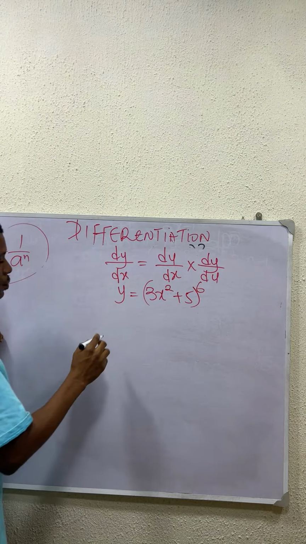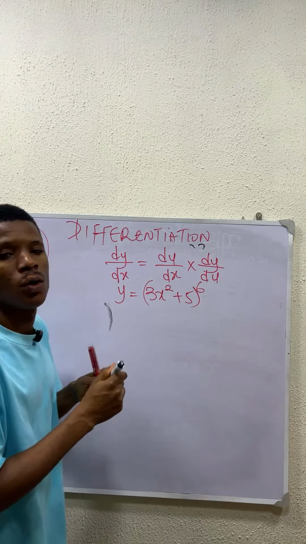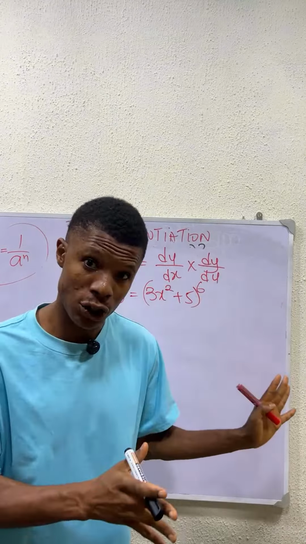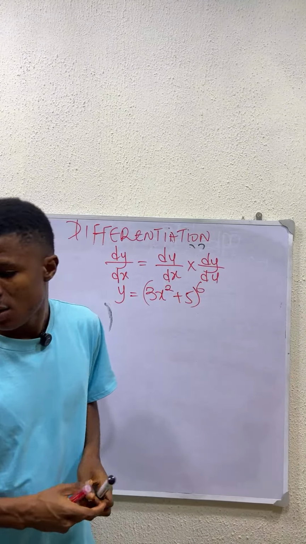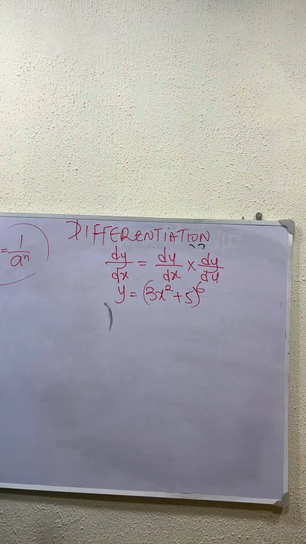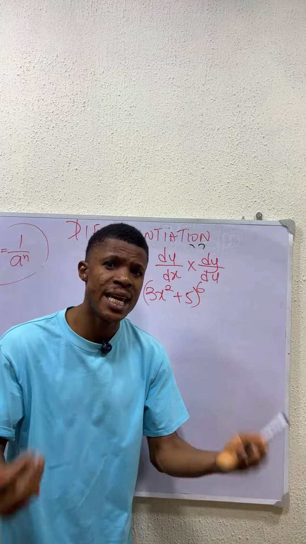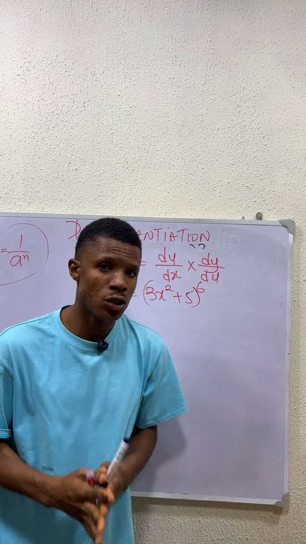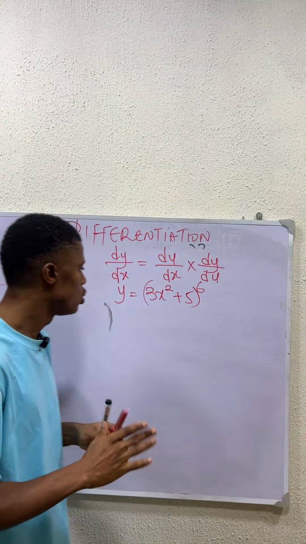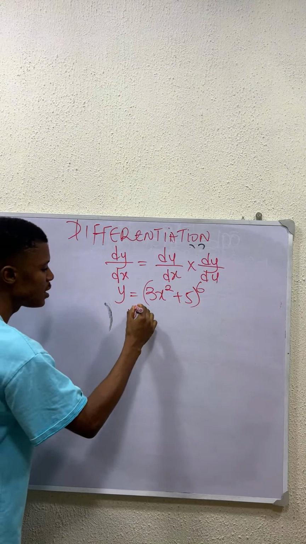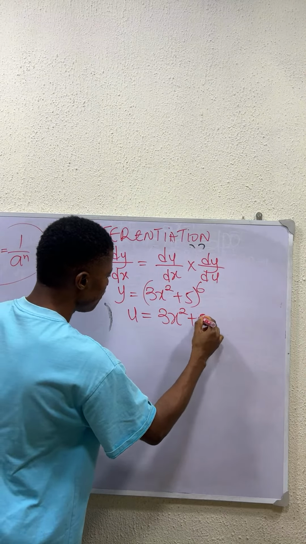So now, you have to rewrite your y, which is the function, to suit the problem. You have to call u all the terms inside the y function. So what do I mean? I will now say that u is equals to 3x squared plus 5.